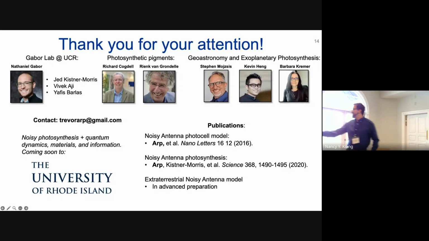More questions? Yeah. Hi. My question is, does the size of the antenna network change what you expect from optimization? Depends what you mean by size. Do you mean physical size or complexity? Number of interacting pigments. Yes, you can also write down a model for 3 pigments, 4 pigments, 5 pigments if you like.